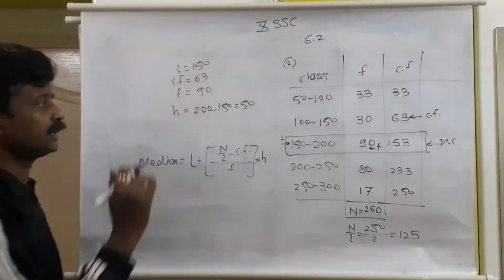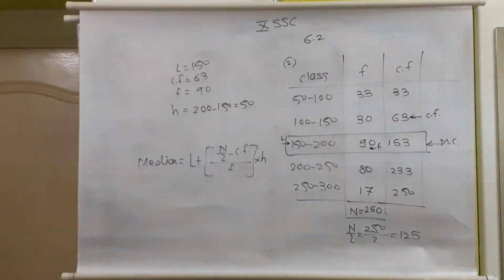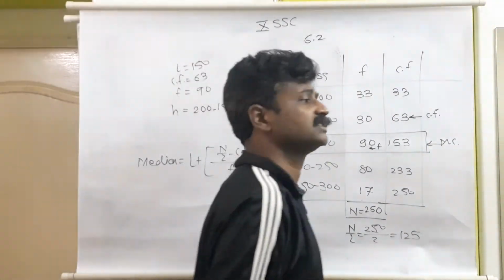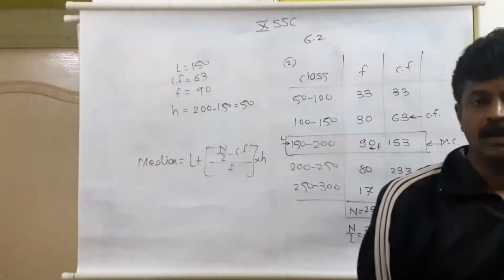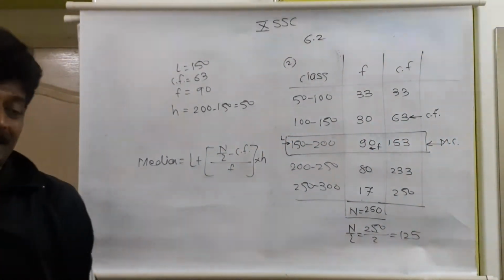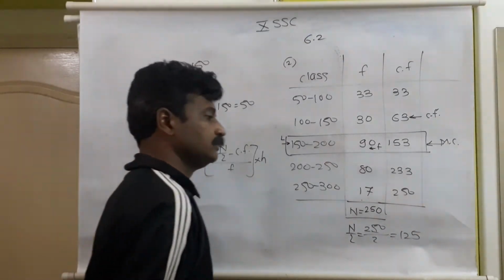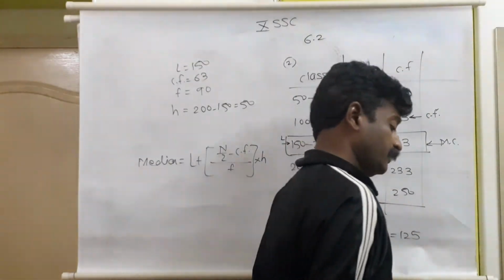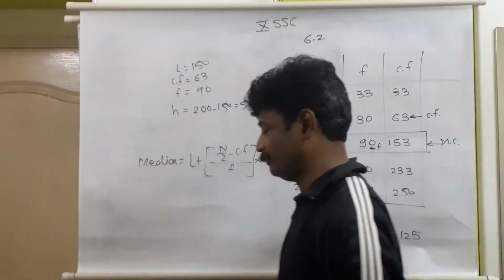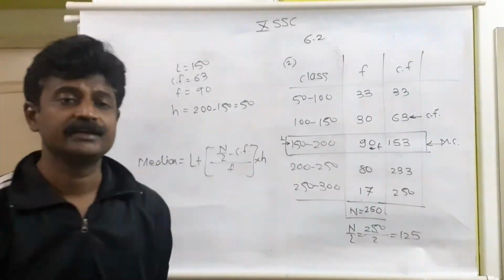So these are the required values which will help us to find out median of question number 2. Let us substitute the values in median is equal to capital L plus n by 2 minus CF upon F into H, where L is the lower limit of the median class, CF is the cumulative frequency of the previous class of the median class, F is the frequency of the median class, and H is class width of the median class when the classes are continuous.